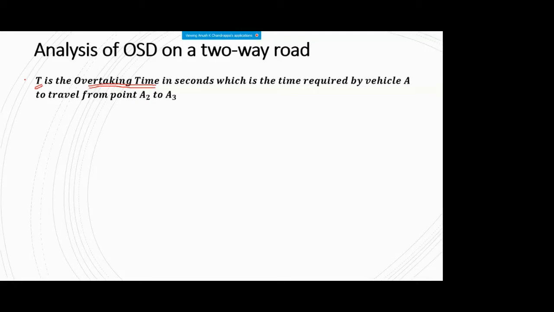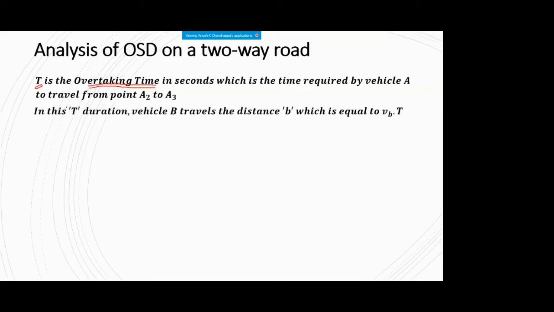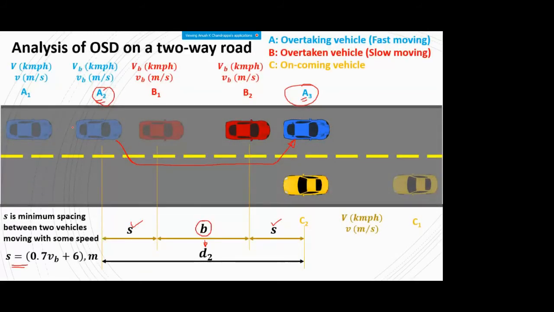Whereas the capital T is the overtaking time, the actual time required by the vehicle to perform the overtaking operation. Now in this T duration, all three vehicles are moving: vehicle A is moving, B is moving, and C is also moving.